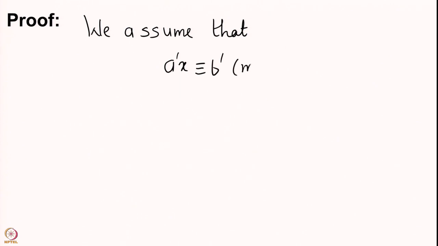So, the proof begins by assuming that A prime x congruent to B prime mod n has a solution. So, call that alpha.